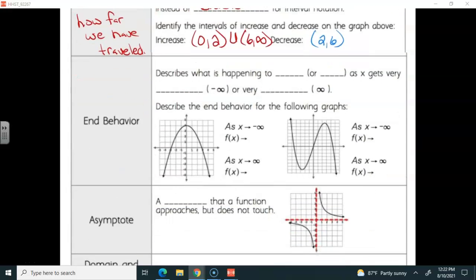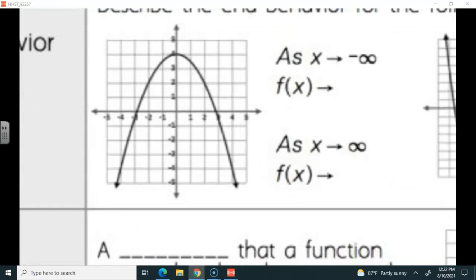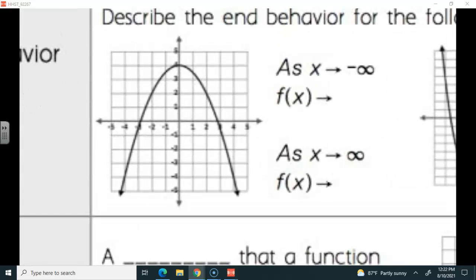Now the end behavior describes what is happening to our f of x, or also known as y, as x gets very small or very large. Okay, so let's look at this first one. As x is going to the left, because we always read the graph left first, what happened to y?